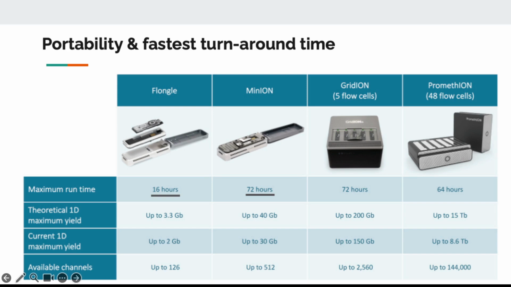Maybe a USB from 20 years ago, but it's the size of a USB drive. So you can bring this into the field. Like if you go outside of Bangkok, you go into the woods, and you get a sample from wildlife, you can do the sequencing right there. You don't need to collect the sample and bring it back to the lab.